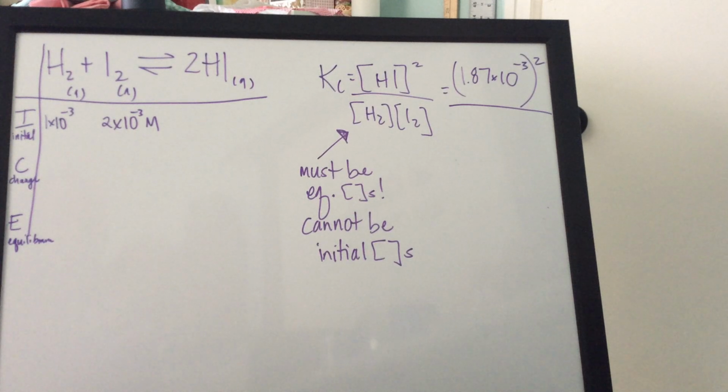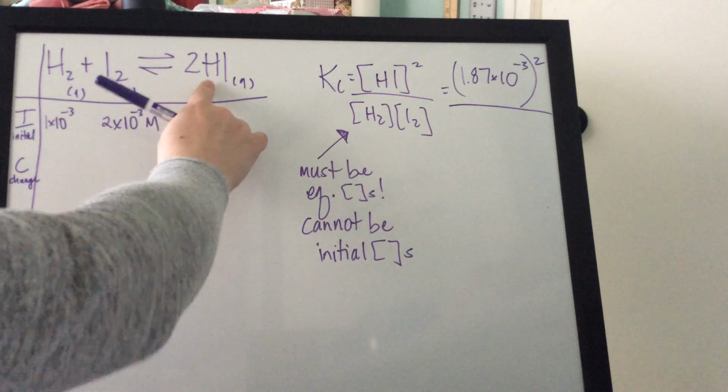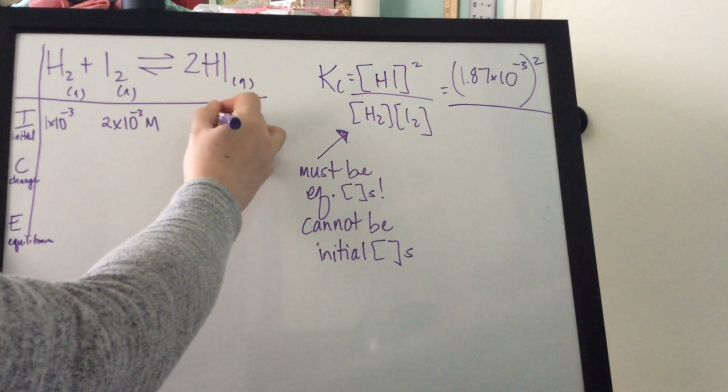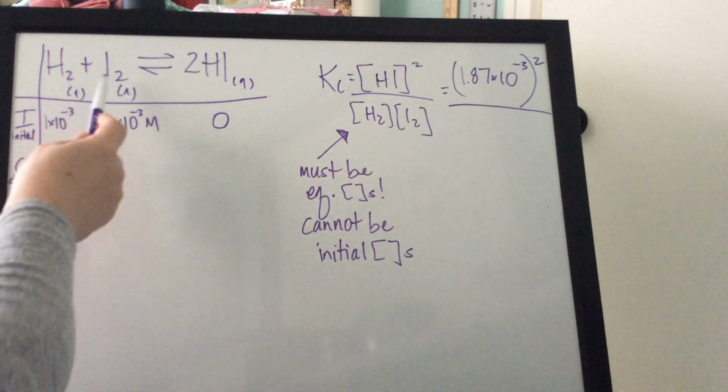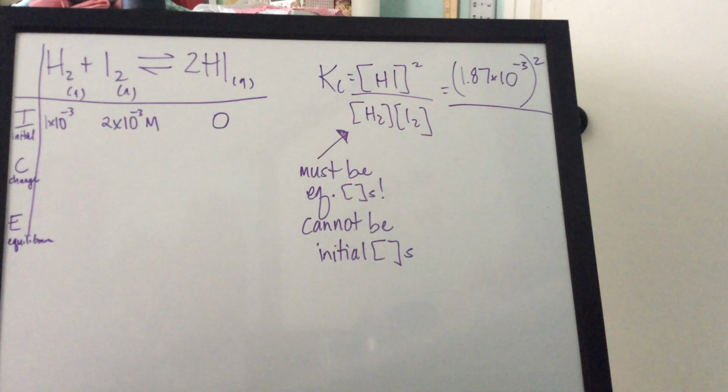Now, if this is initially at time 0, that means this reaction hasn't started yet. And if this reaction hasn't started yet, I have 0 product. Okay, now they didn't come out and tell me that, but that's something that we're now learning. That initially, if I only have reactants at time 0, I have no product.